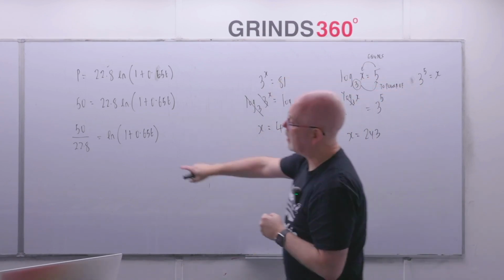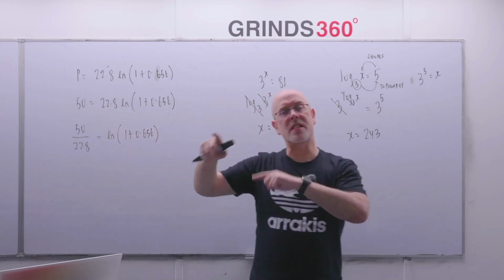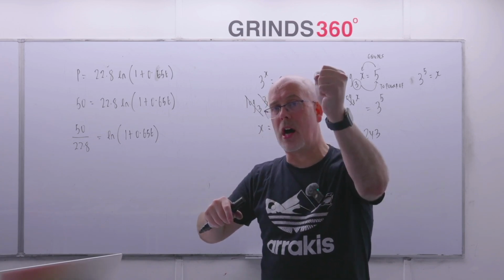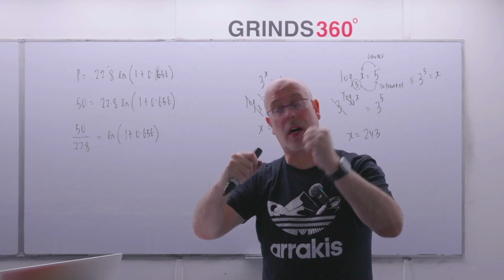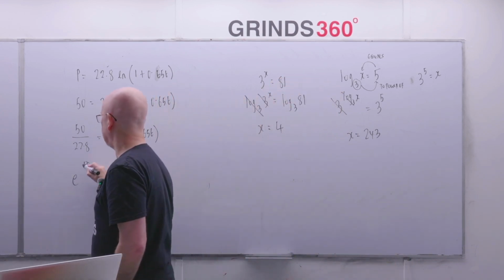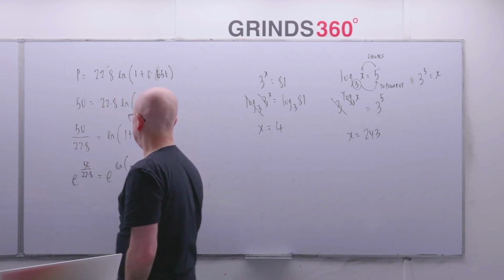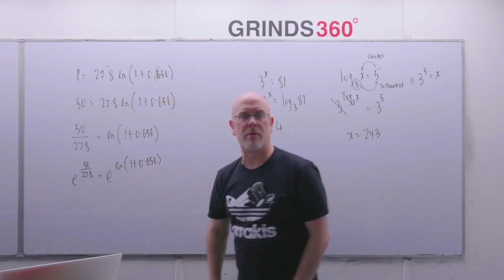Remember, natural log is log to the base e. So what's the opposite of log to the base e? E to the power of. To remove natural log, I'll go with e to the power of. To remove e to the power of, I'll go with natural log. So e to the power of the left-hand side is equal to e to the power of the right-hand side. Again, you don't have to write this line down, but that's how I'm removing it.